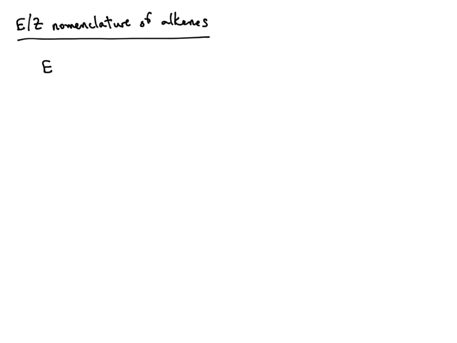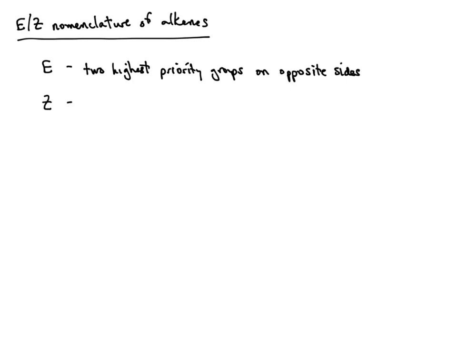So the E alkene, or prefix E, comes from the German word entgegen for opposite, and it's to indicate that two highest priority groups exist on opposite sides of the alkene. Whereas the Z isomer, Z stands for the German word for same, or zusammen.